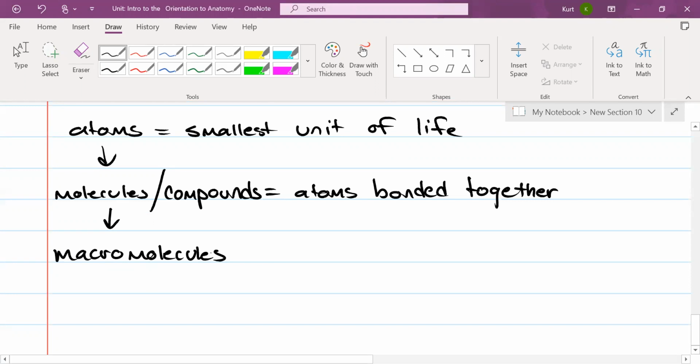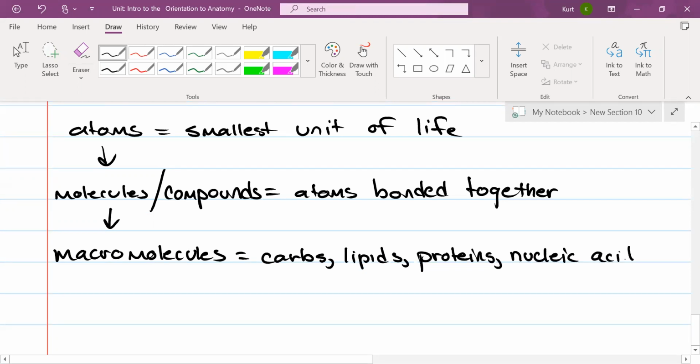You guys are gonna learn a lot of Latin and a lot of Greek this year. Macro is a prefix. These are going to be carbs, like carbohydrates, lipids, which are fats, proteins, and nucleic acids. Those are the 4 big ones. All essential for life.